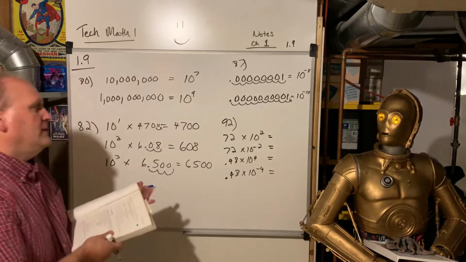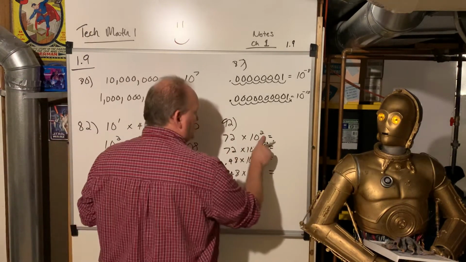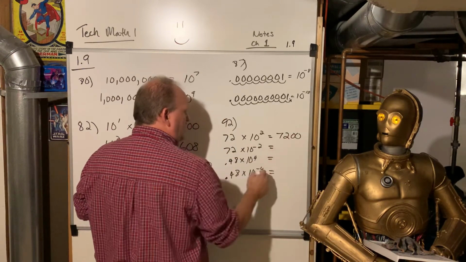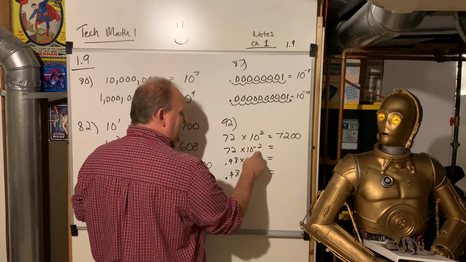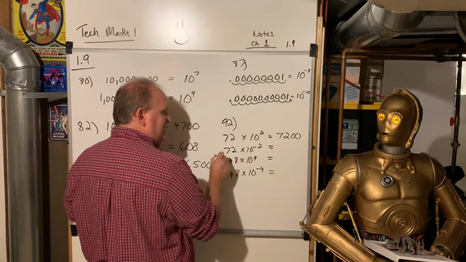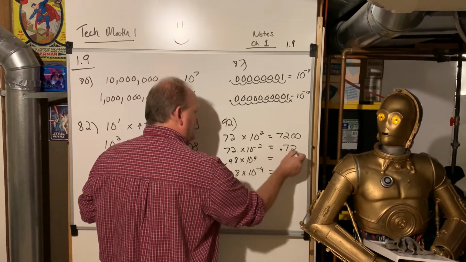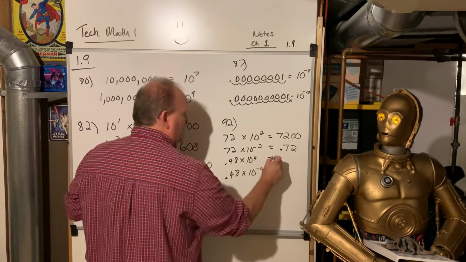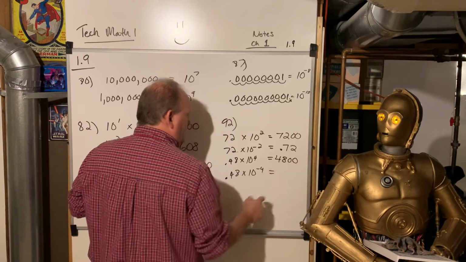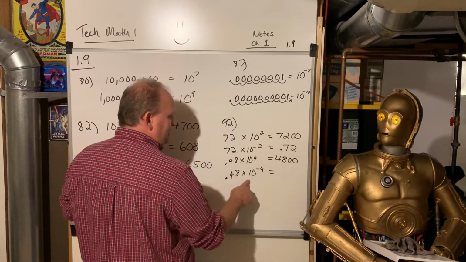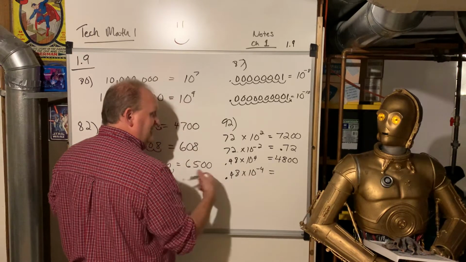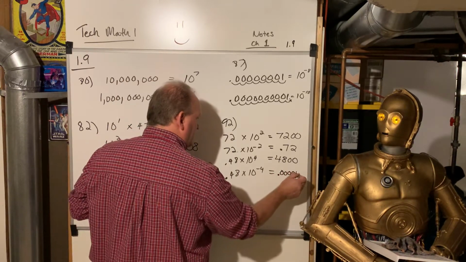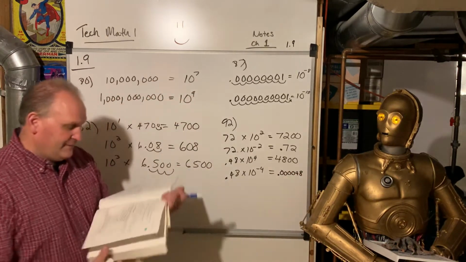All right, so we got 72 times 10 squared, so that takes the decimal 2 places to the right, so it's 7,200. We got 72 times 10 to the negative 2, so that takes the decimal 2 places to the left. We got 0.72. We got 0.48 times 10 to the 4th, that'll take it 4 to the right, so 4,800. We got 0.48 times 10 to the negative 4th, that'll take it 4 to the left, so 0.000048. All right.